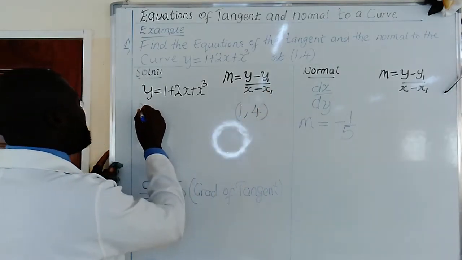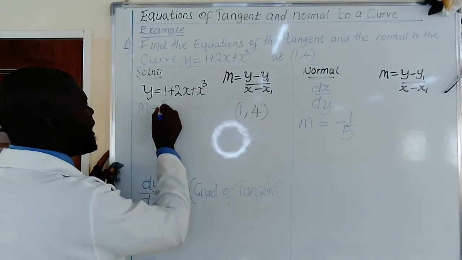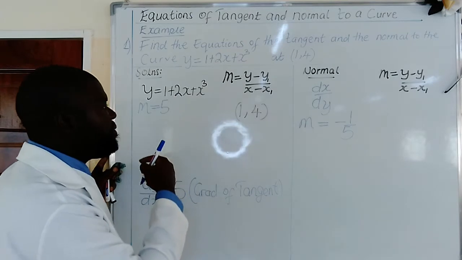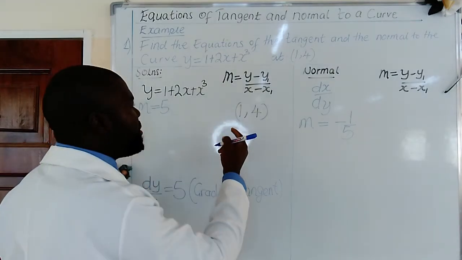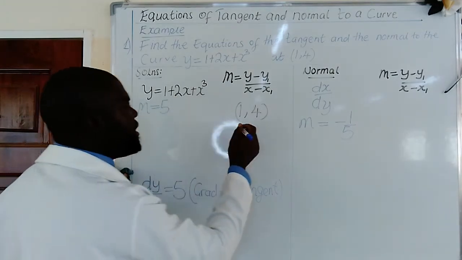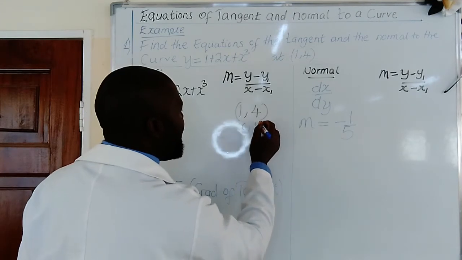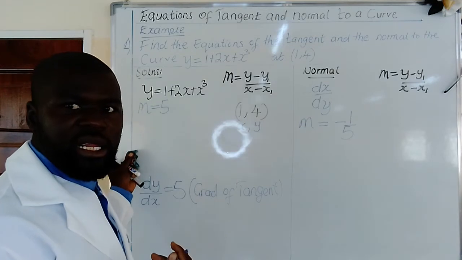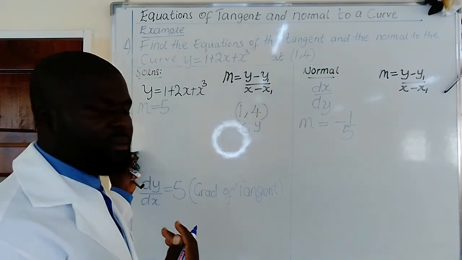We know our m, which is the gradient of the tangent, is 5. The coordinate where the gradient is 5 is 1, 4. We know the coordinates are in the form x, y.